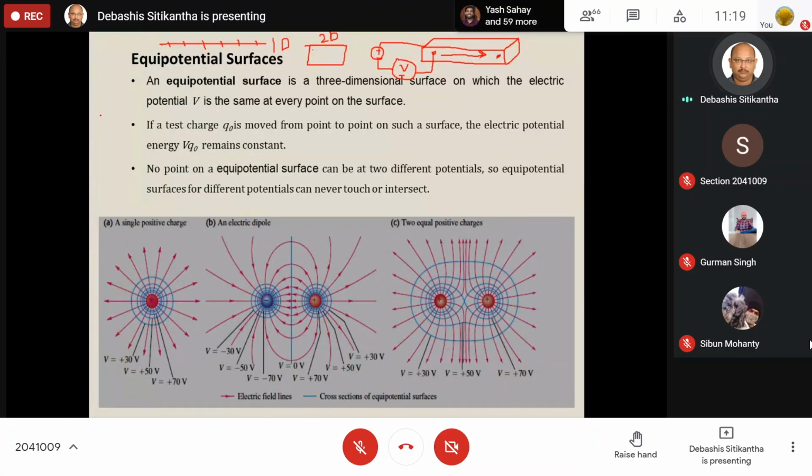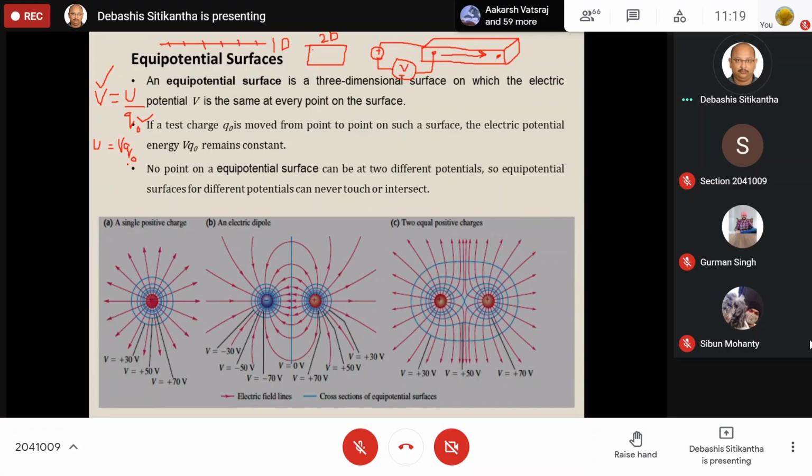Now obviously we all know that V is equal to U, that is the potential energy, divided by a test charge, let us say Q0. Since V is going to remain constant on an equipotential surface, and the magnitude of the charge is also constant, therefore the product U equal to VQ0 is also going to remain constant throughout the entire three-dimensional surface of the equipotential surface.